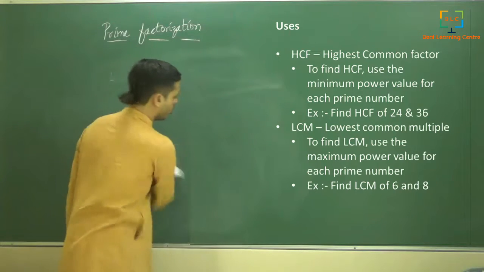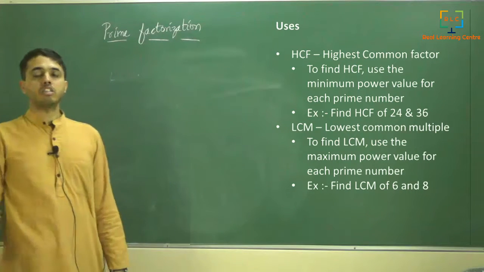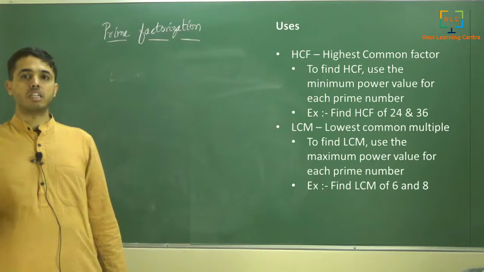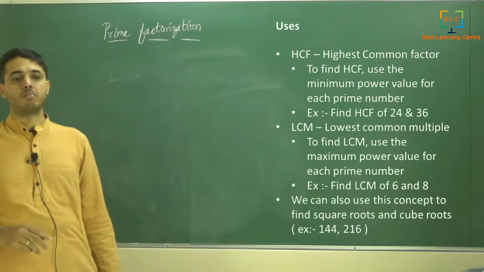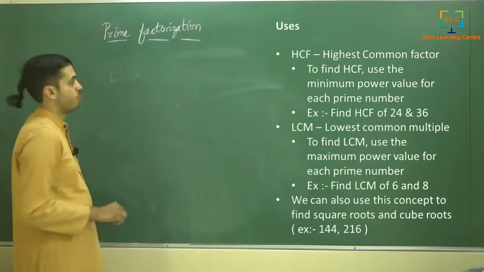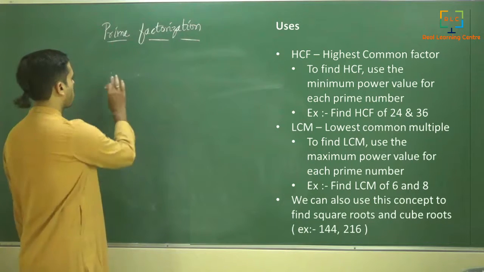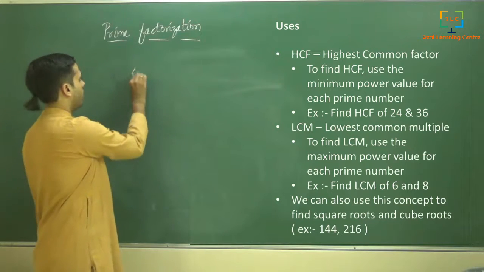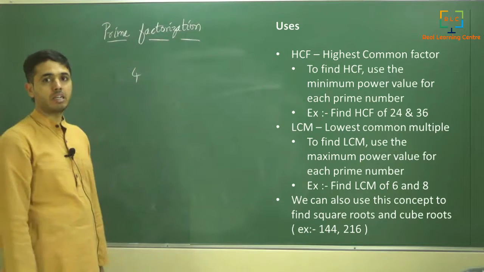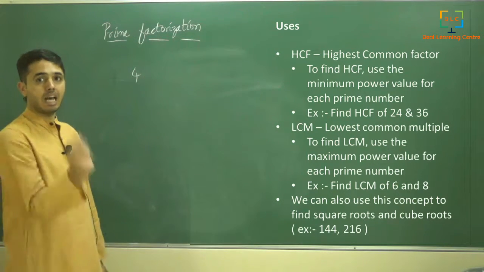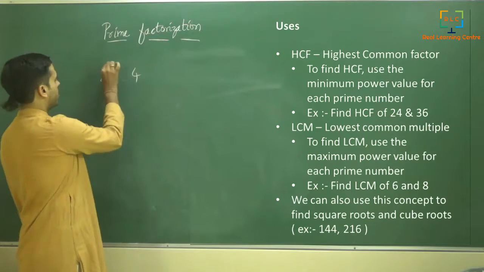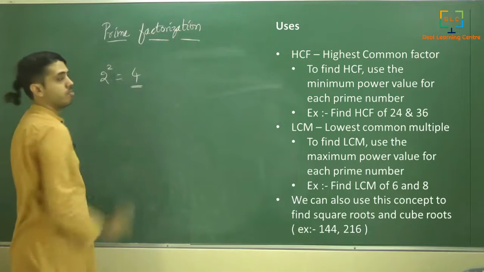Now we can also use the concept of prime factorization to find what is known as a square root and a cube root. Now what is a square root? The square root of a given number is another number such that when you square that number, you get the given number.